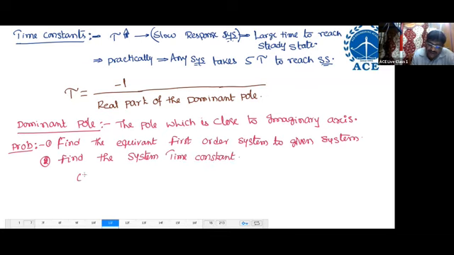For C of S by R of S equal to 1 by S plus 1, S plus 10, find the system time constant. Come on, tell the answer, anybody. What is the equivalent first order system?